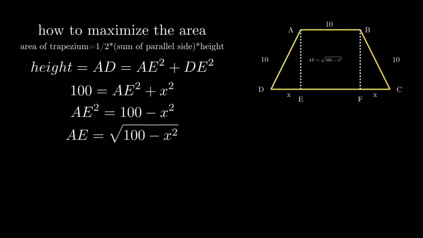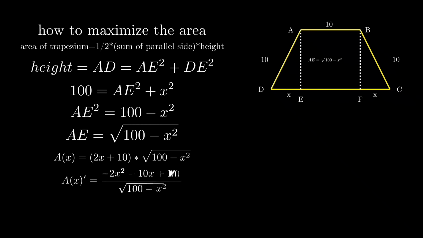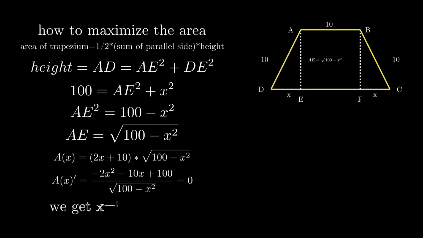So putting these values in the formula and finding its derivative, and equating this to 0, and finding the value of x, we get x equal to 5 and x equal to minus 10.